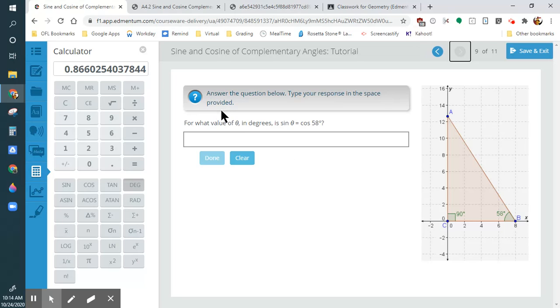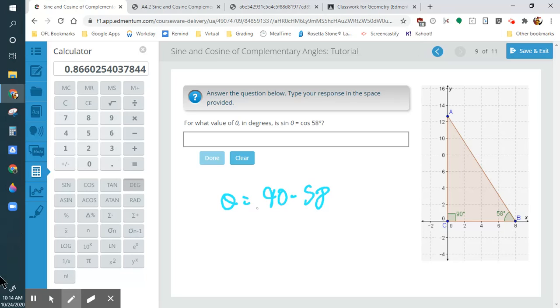All right, so this is saying that in which situation, what would theta be? If we want the cosine and sine to be equal to each other, that means this has to be the complement. So in other words, theta equals 90 minus 58.